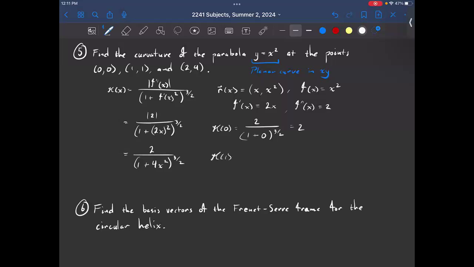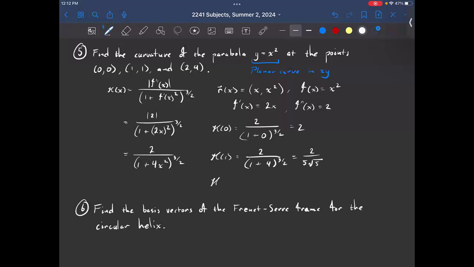Kappa of 1 will be 2 over 1 plus 4 to the 3/2, and that'll be 2 over square root of 5 cubed, so 5 root 5.